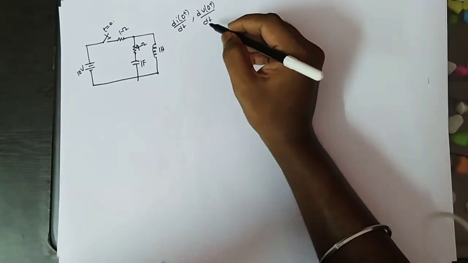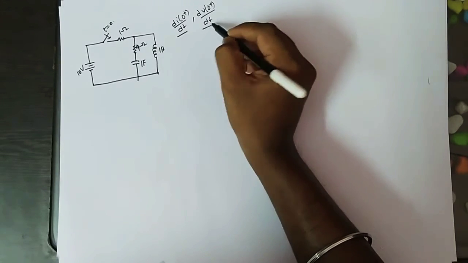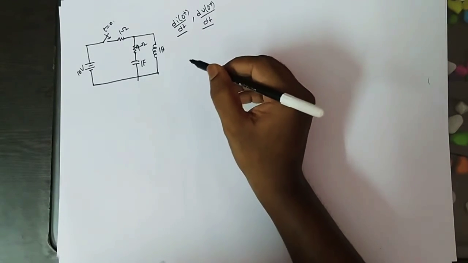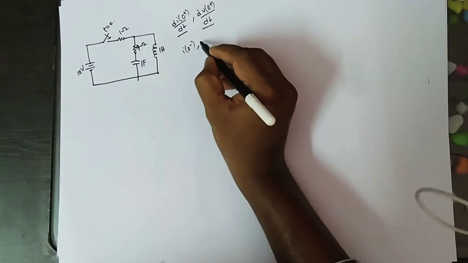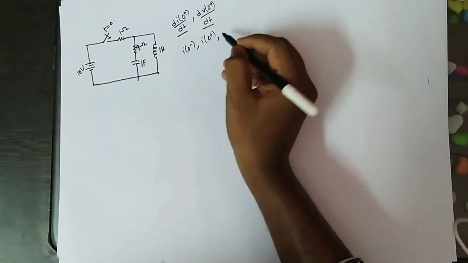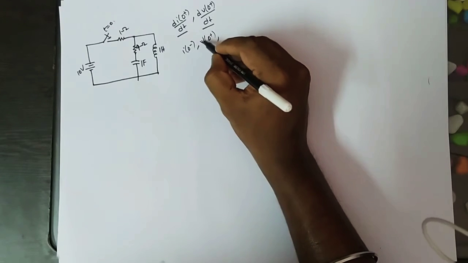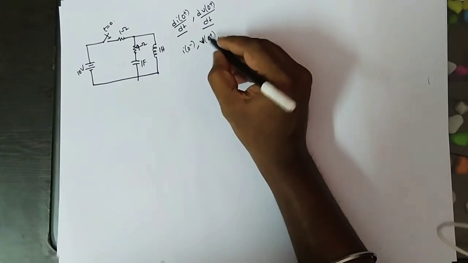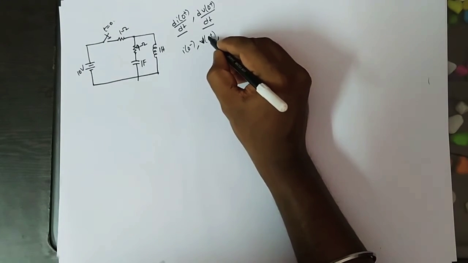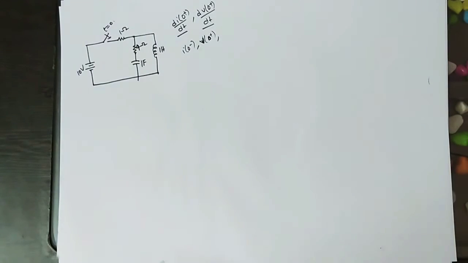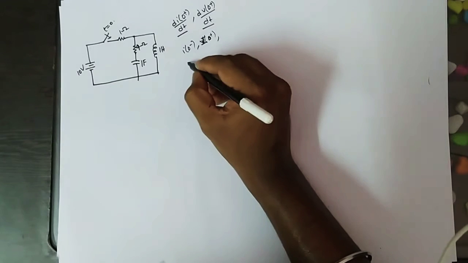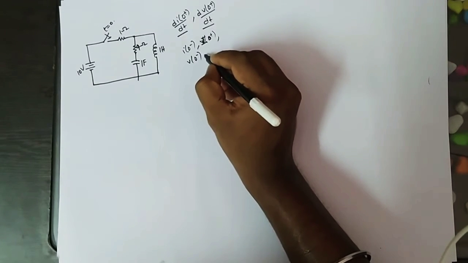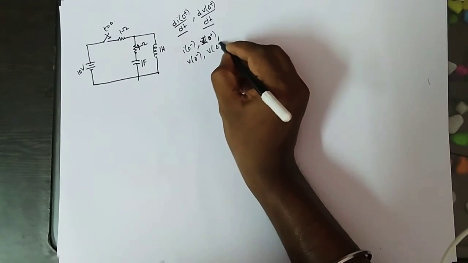Whatever they ask, initially you need to find I of 0 minus and v of 0 minus, and then you will find I of 0 plus and v of 0 plus.